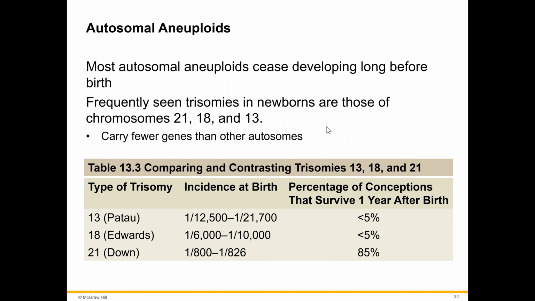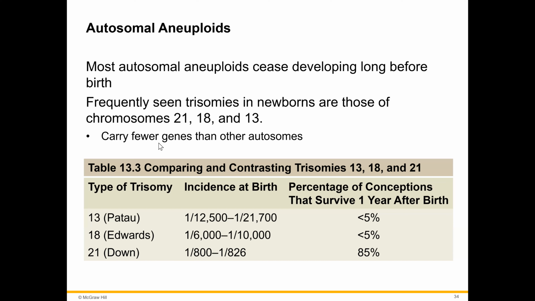But now let's look at examples of diseases that arise from non-disjunction. Most autosomal aneuploids cease developing long before birth, so it's going to be spontaneous abortion. Frequently seen trisomies in newborns are those of chromosome 21, 18, and 13.